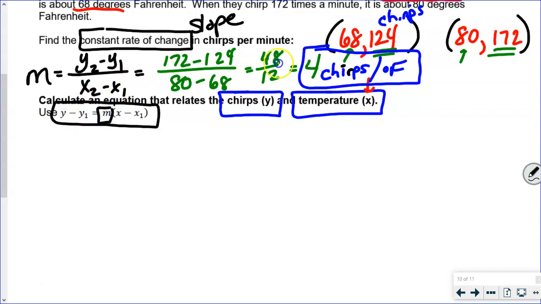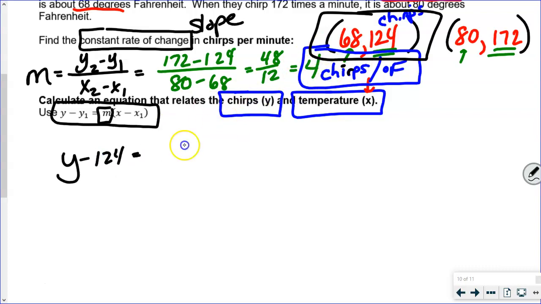Okay. All right, pick your favorite ordered pair, guys. Do you like the 68, 124 or the 80? Oh my gosh. Well, I heard Amara first, so I'm going to go with that. All right, so y minus the y coordinate from your point is 124. And then the slope you just found to be 4 chirps. And then x minus the x coordinate from your point, which is 68.